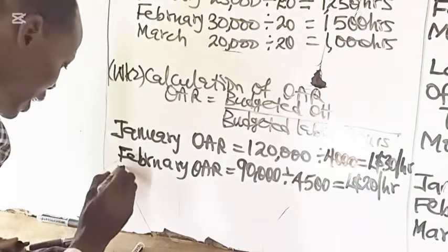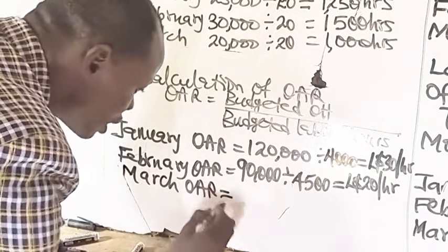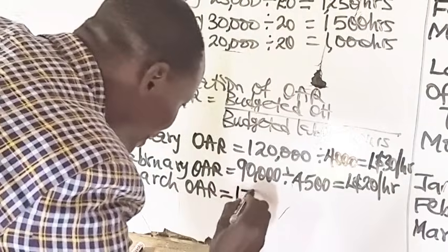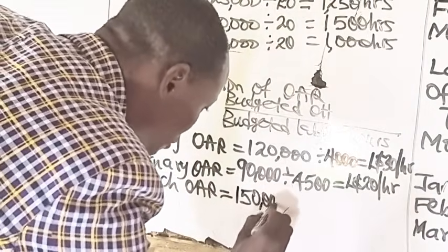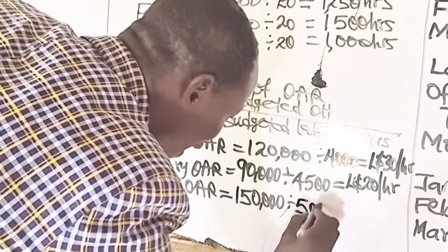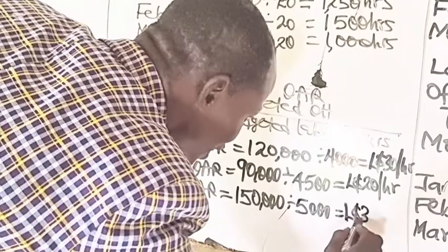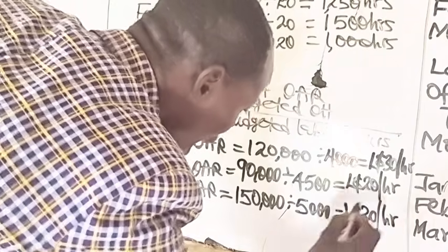And in the month of March, overhead absorption rate equals the overheads of 150,000 divided by the labor hours of 5,000. That gives us 30 Liberian dollar per hour.